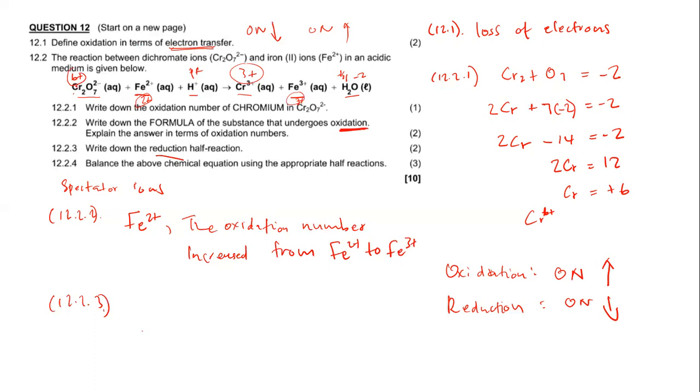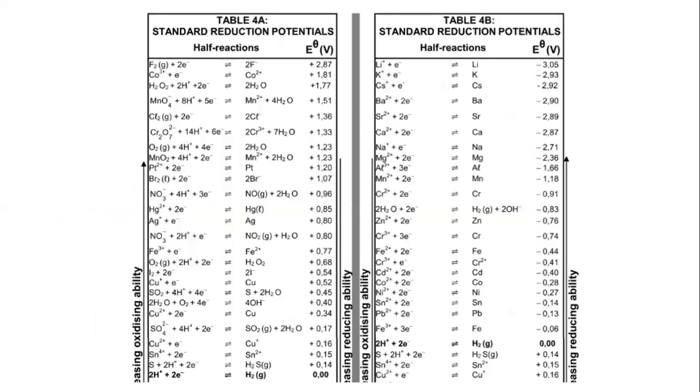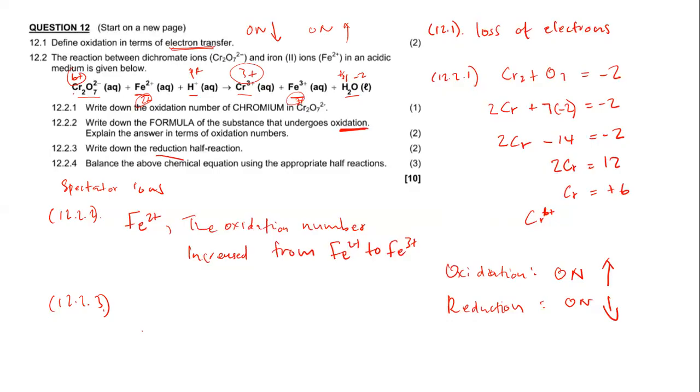We have already discussed that Cr is the one that undergoes reduction. So for the half reaction for reduction, you can use this table. You can use this table to write the standard reduction potentials. I don't like using the table because I want to understand things. I will show you what I do, and I'll also refer you to the table if you are fine with that. Let me write it first and I'll show you the other.